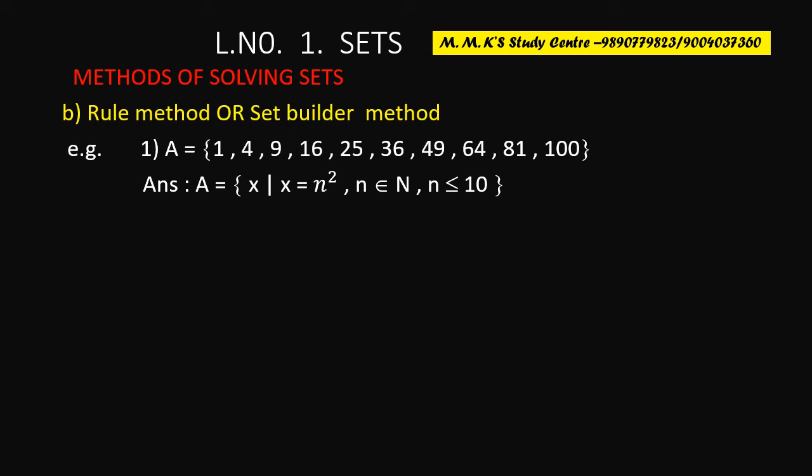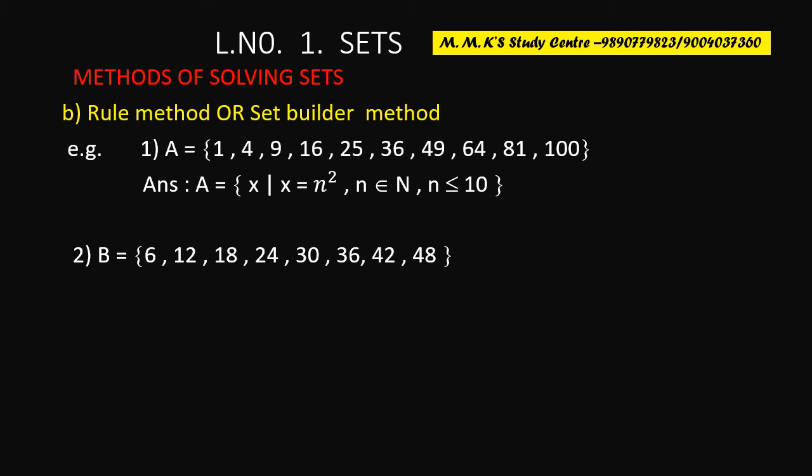A is a set of x such that, this vertical line is called such that, x is equal to n square, and n belongs to natural numbers, where n is less than or equal to 10. Means n value you can take 1 to 10 and take the square of that. Is it clear? Now we'll see the second example.